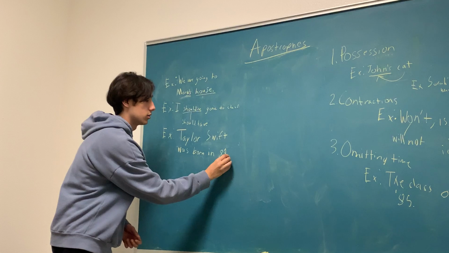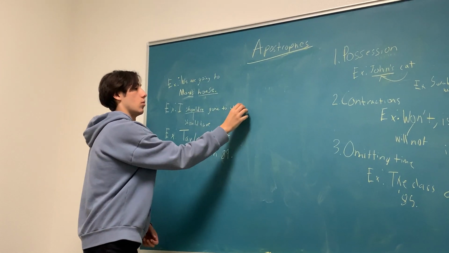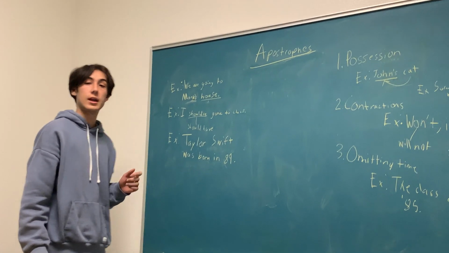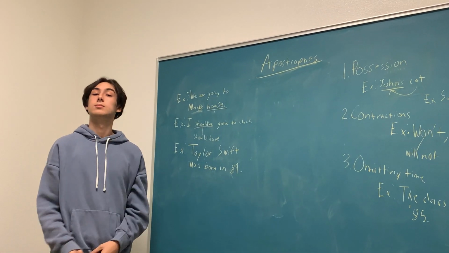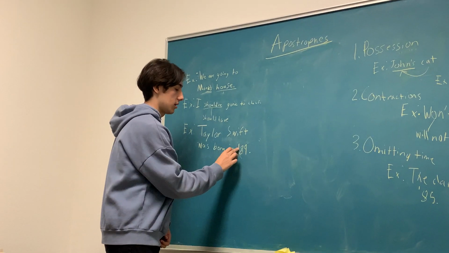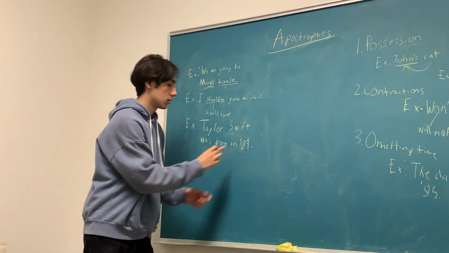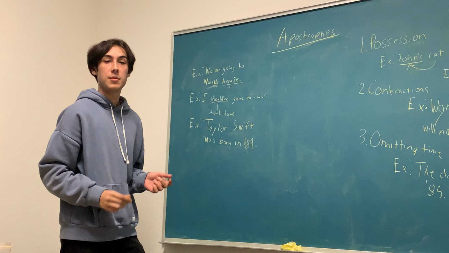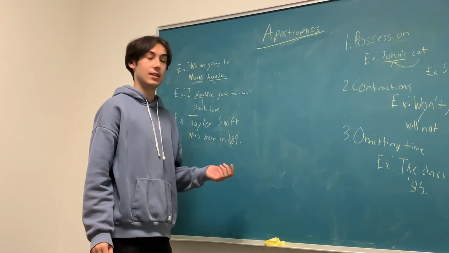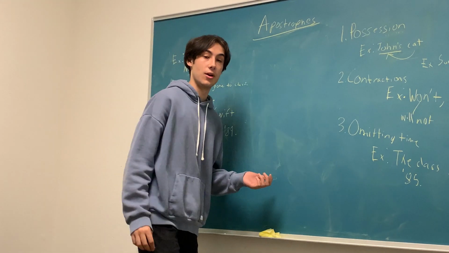Okay, so where does our apostrophe go in the sentence Taylor Swift was born in '89? Before 89. Alright. That's correct because it omits the time, because it's evident that she was most likely born in 1989 because anything 1889 is way too far.